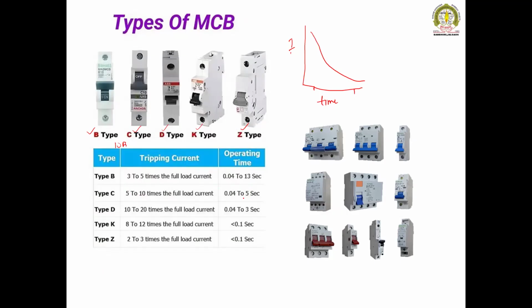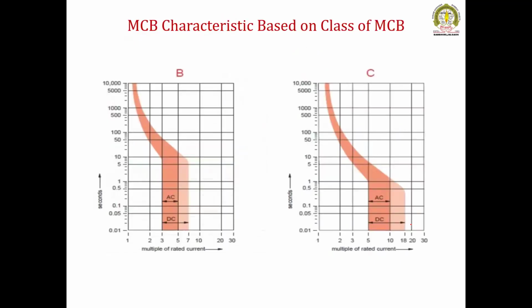Here the operating time is reduced. D is 10 to 20 times, again with a maximum tripping time of 3 seconds. Whereas K is less than 0.1 second and Z is again less than 0.1 second. But here the tripping current is 8 to 12 times, and here it is 2 to 3 times. So this is called the class of MCBs.